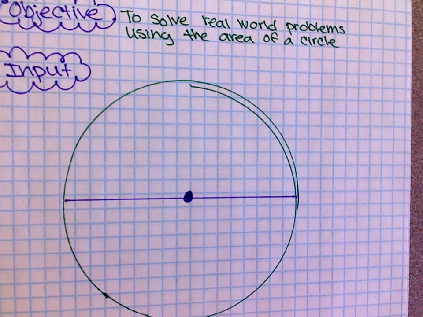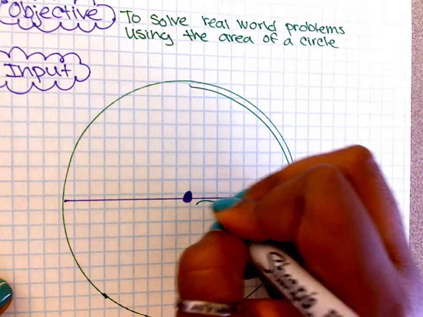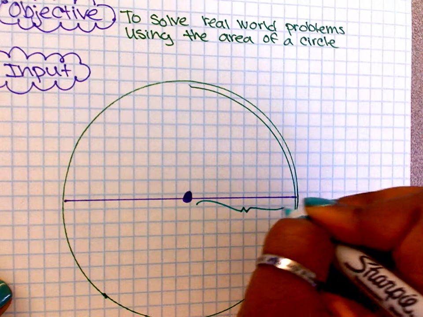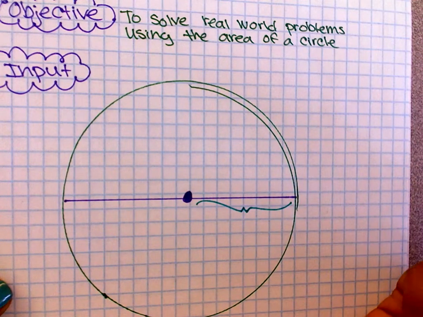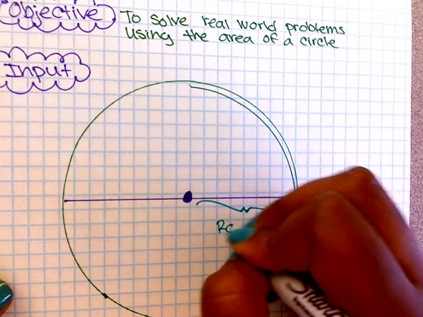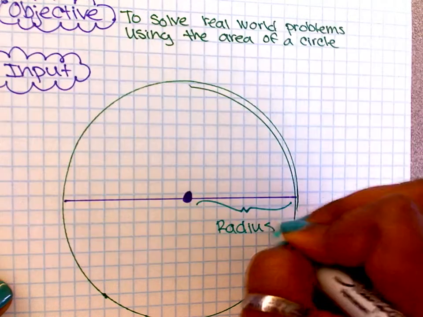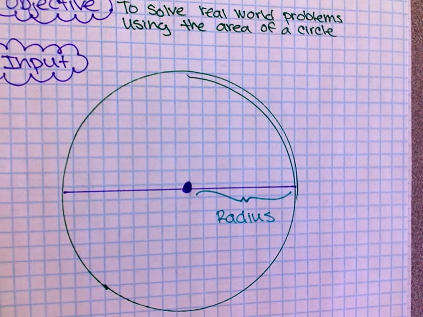Alright. Now, there's a part of a circle that is called the radius. And the radius is this part right here. It is half of that full line. So please label it radius. The radius is half of that line all the way across the circle.